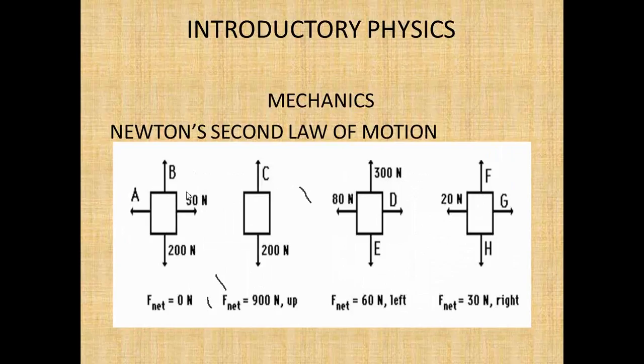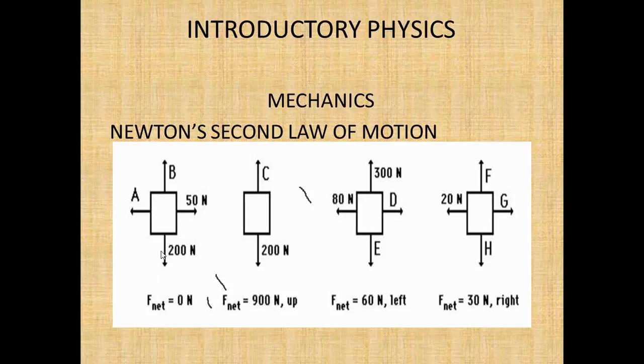So if you get a free body diagram like this, with force of gravity 200, and it's on a stable surface, then you know that B, which is your normal force, is going to be the same as your force of gravity. This is telling you your net force is 0. So these are balanced forces.